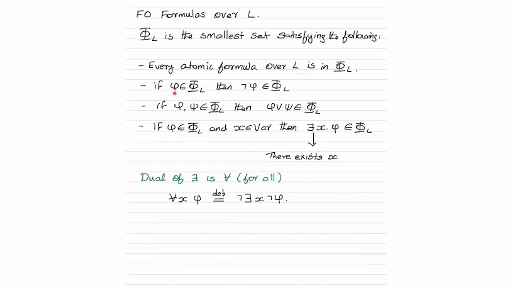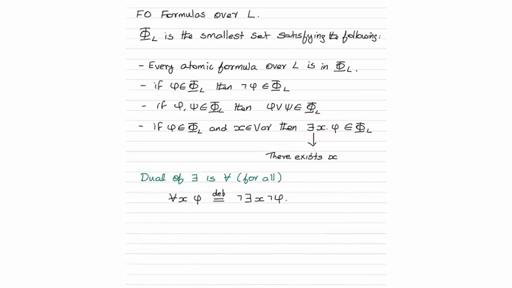If phi is a well-formed formula, then you can take negation. This is just like in propositional logic. You can also have disjunction. That's also fine. And the only new thing in first order logic, as far as the formula part or the logical connectives are concerned, is quantification. You have something like this.